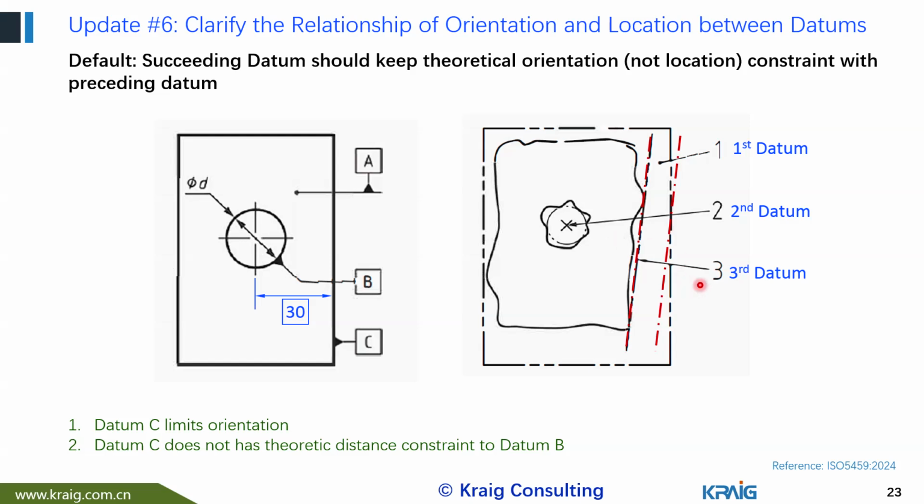First, we measure this surface and try to get the highest contact of this surface, and then we move this highest contact surface to datum B, because datum B is before datum C. That means datum B will establish the origin of the coordinate system.